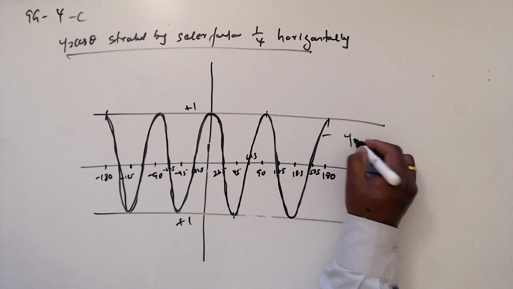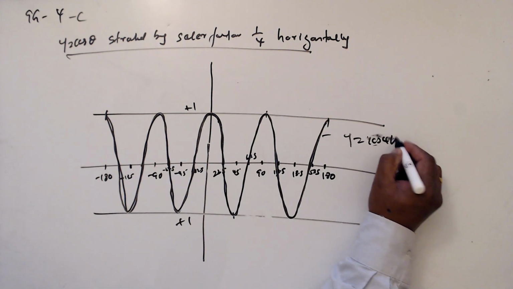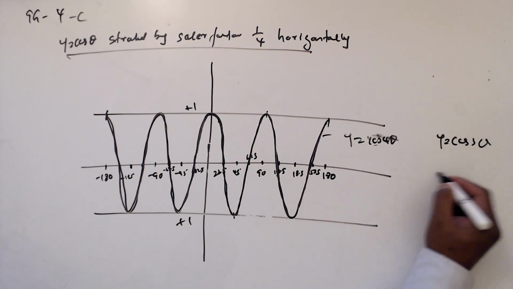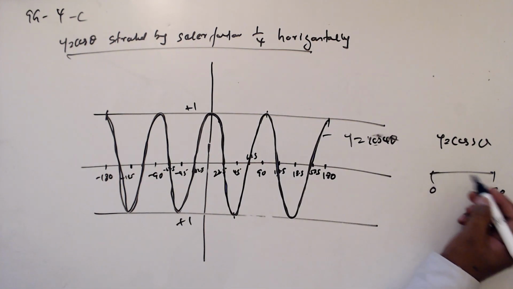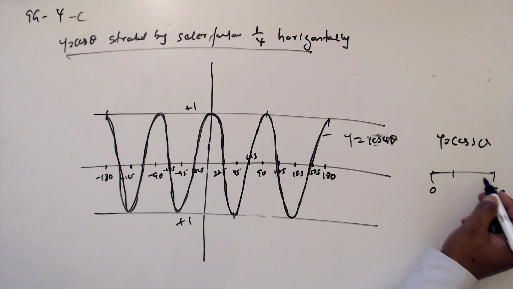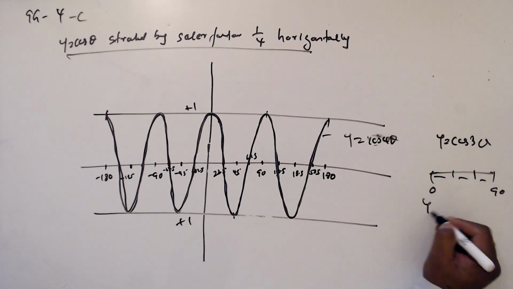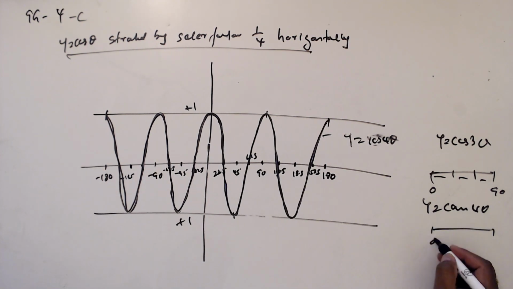This is y equal cos 4 theta. You see that when y equal cos 3 theta, so 0 to 90 I break it into 3. One like this, 3 spaces. Now y equal cos 4 theta, I break this 0 to 90 into 4. 1, 2, 3, 4.